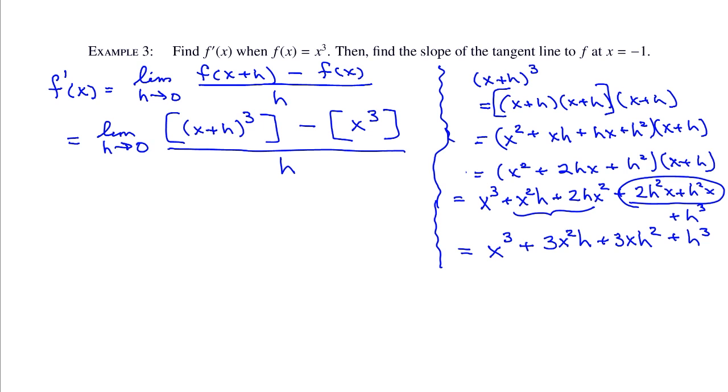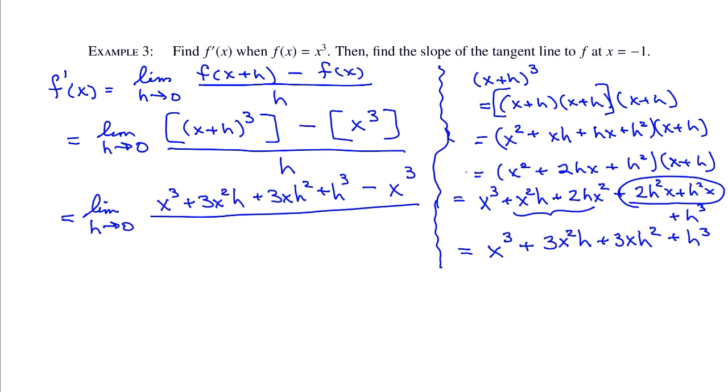So we'll substitute that into our limit. And so we get x cubed plus 3x squared h plus 3xh squared plus h cubed minus x cubed from the backside there over h.